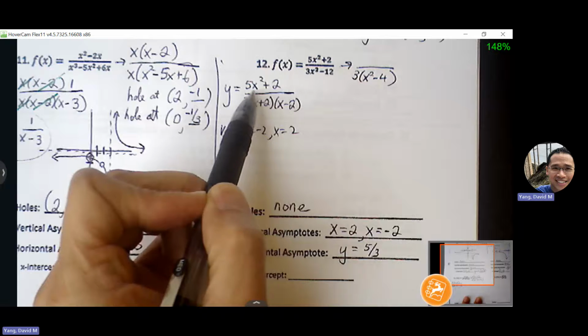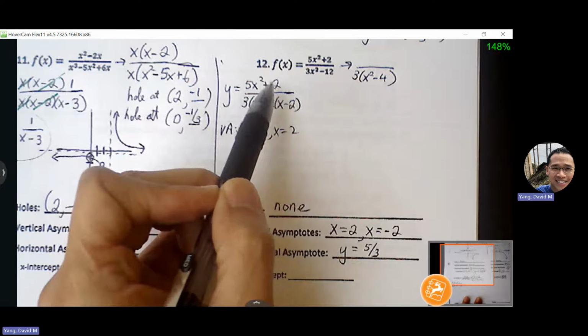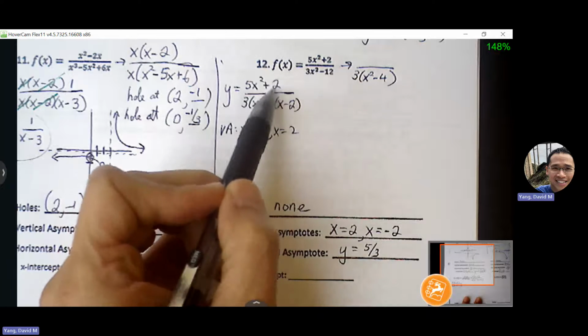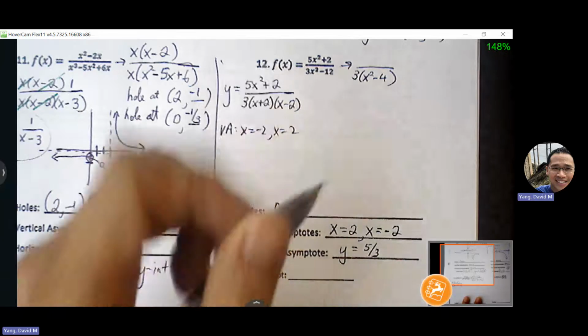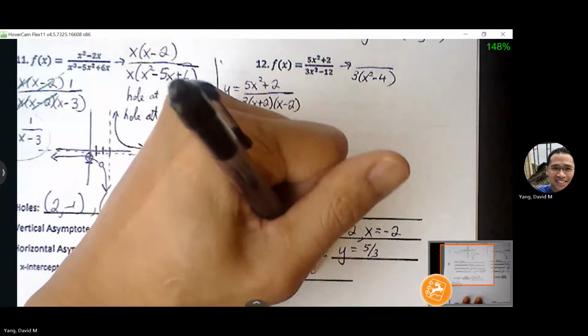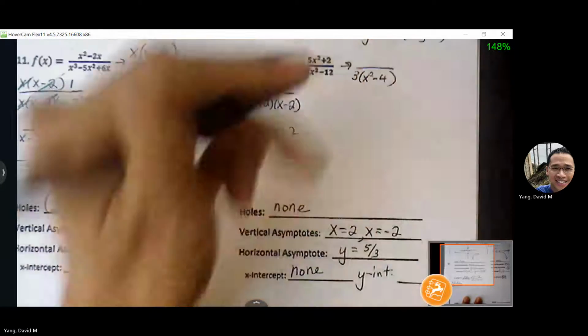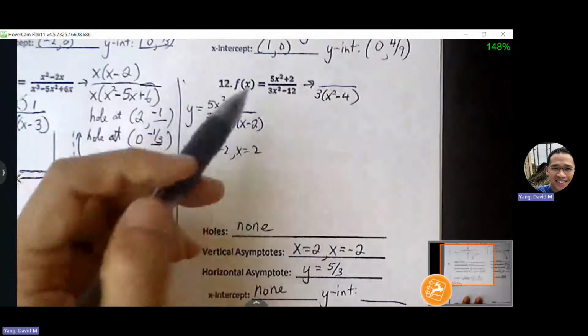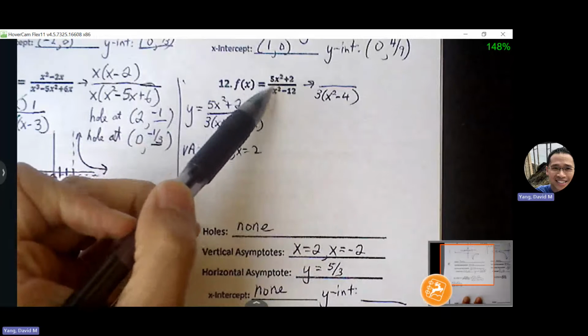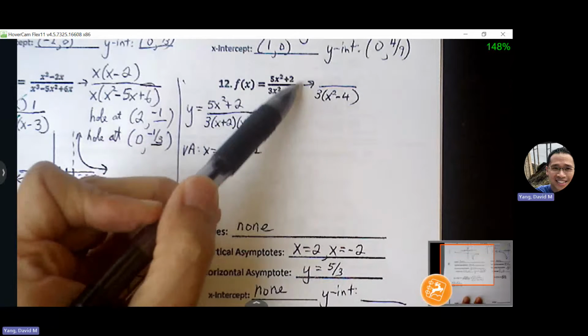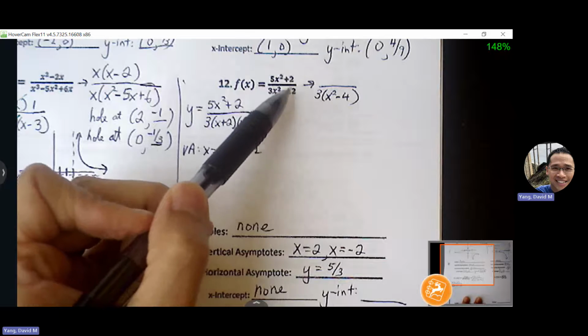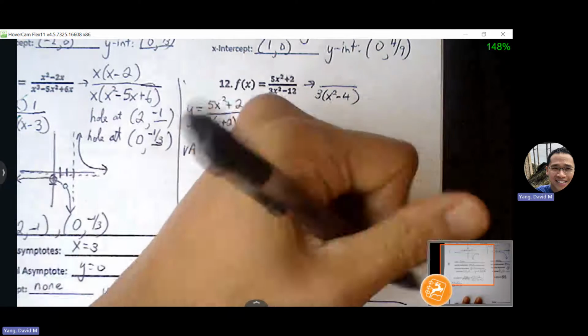But if we try to solve for x, you'll get 5x squared equals -2. Take the square root of a negative number, that doesn't exist, so we don't have any, none. Y-intercept, go back to your original equation, replace every x with 0, see what's left over. I'm left with 2 over -12, which is -1/6.